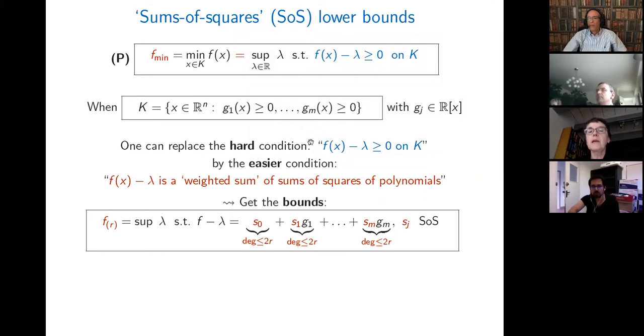Namely, we replace this condition, saying that f minus lambda is non-negative over K, which is hard, by an easier condition.